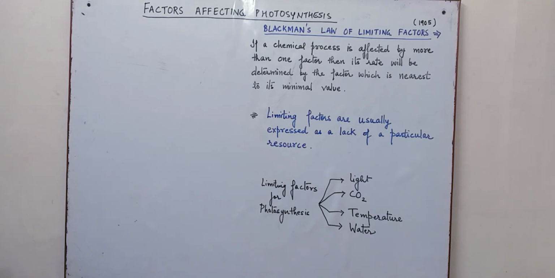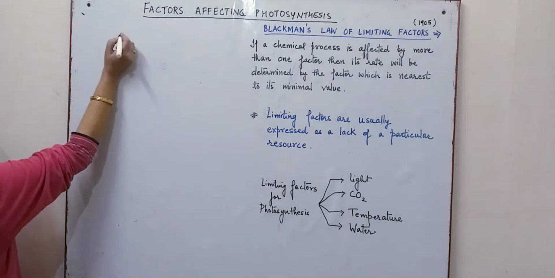And there are certain substances or factors which regulate, or which are very important for, photosynthesis to happen. So, there are several factors that affect the process of photosynthesis.